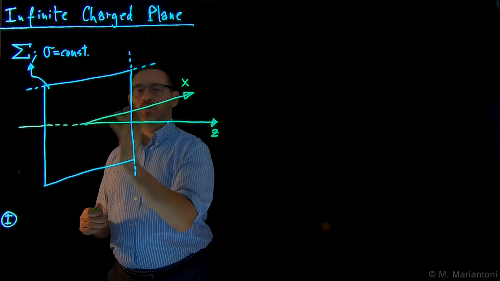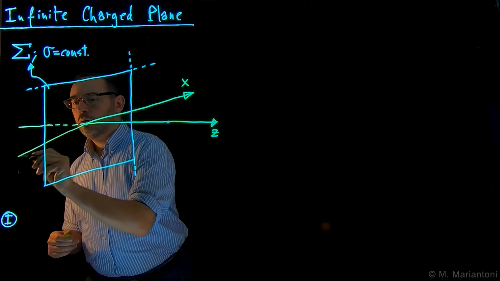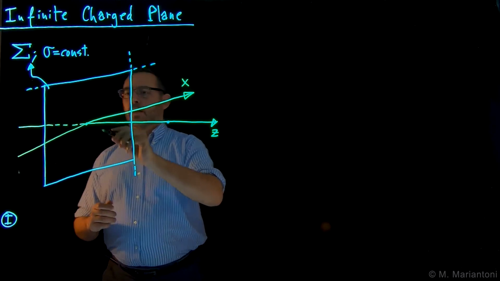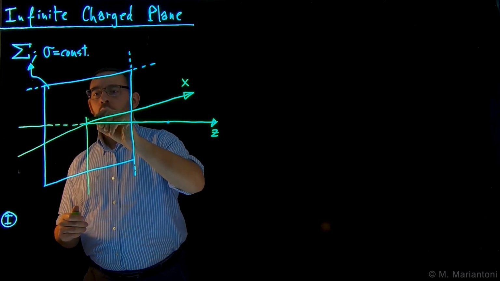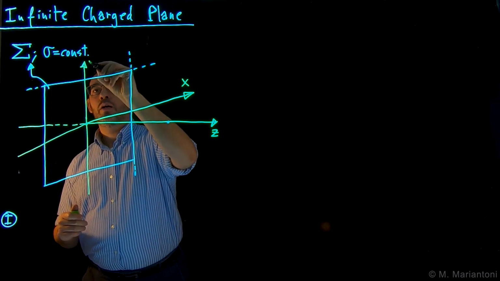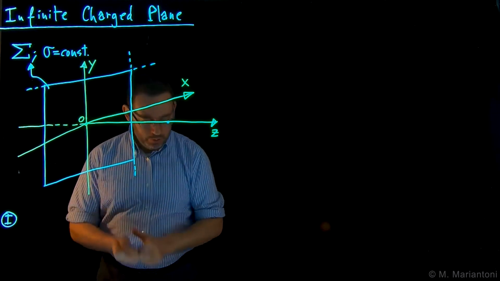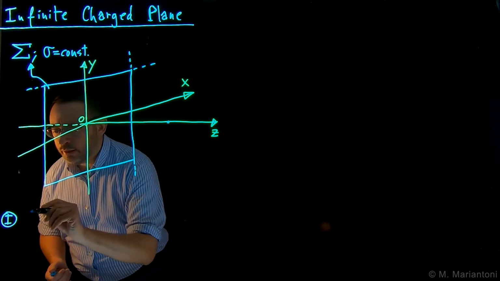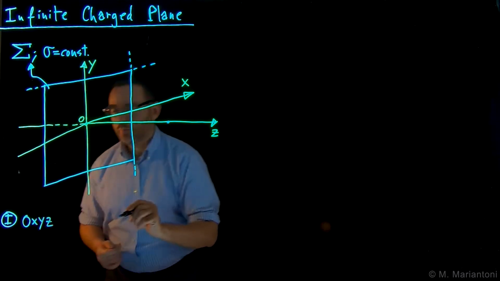So if this is x, this is going to be y, and this is z. And so here, this is going to be our y-axis, and this is the origin of this coordinate system. So we have chosen a Cartesian coordinate system with origin and x, y, z.